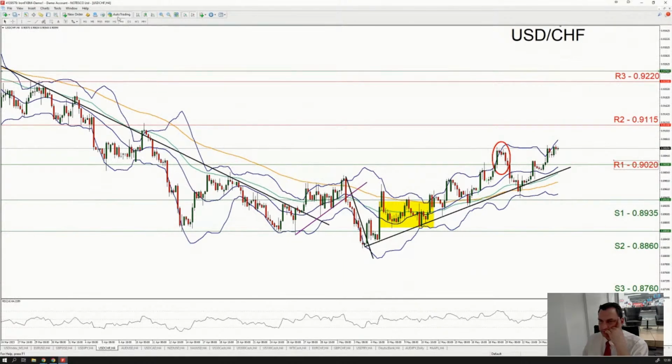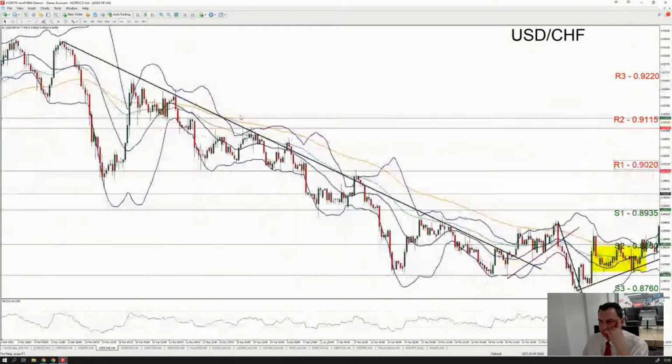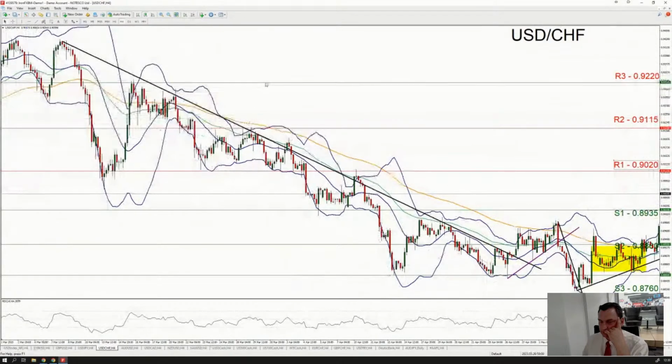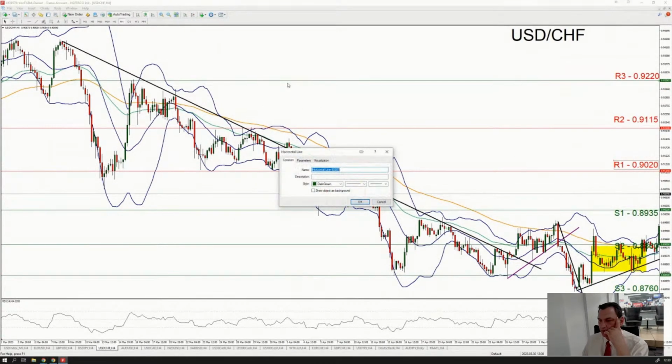Let's go hunting. Yep, nice peak here. Keeping that. Could go actually a little bit lower.